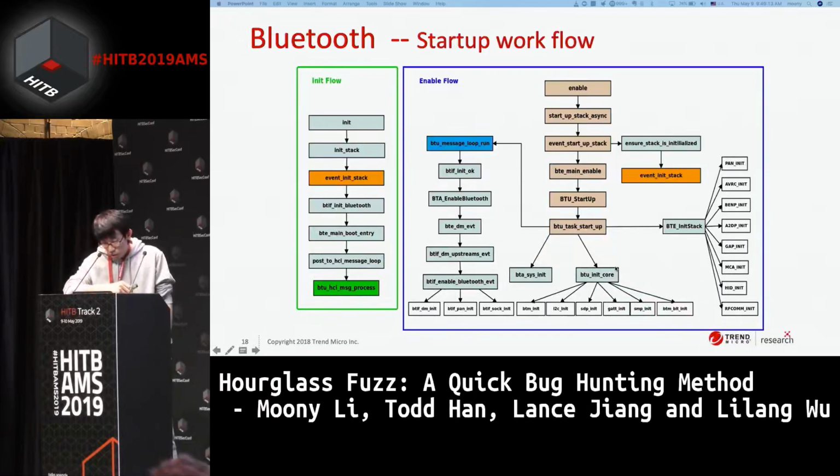If it's not, it will try to invoke the function event init stack to finish what the init flow should do. And if the init flow is done, then it's time to set up all the state machines and also their callbacks and the interfaces that will be used for each layer, each profile and each protocol.